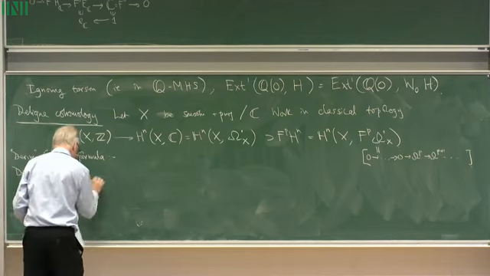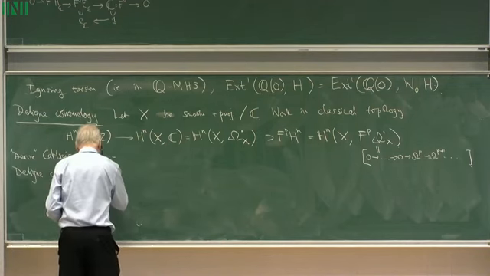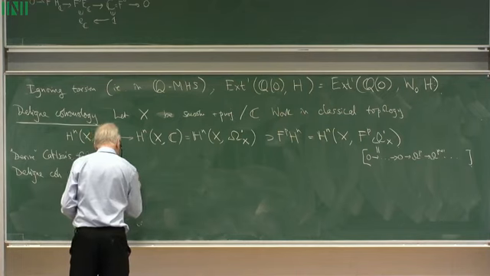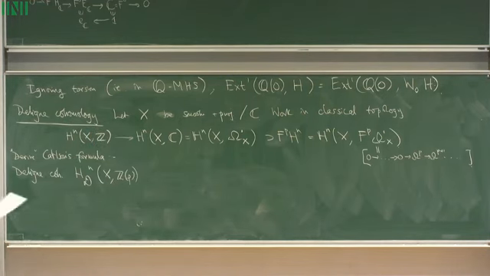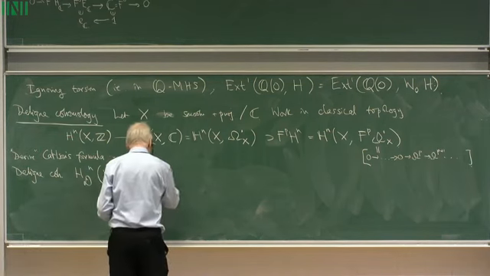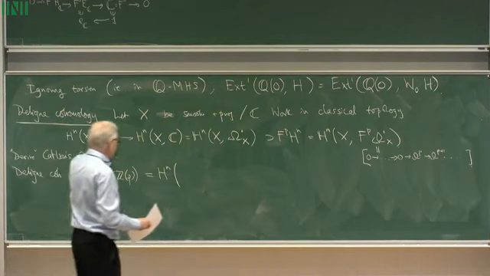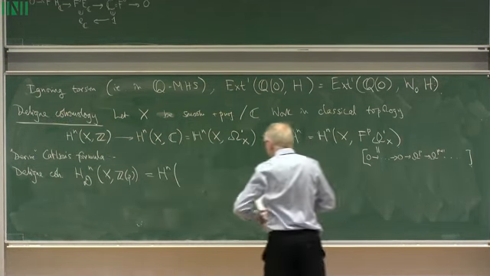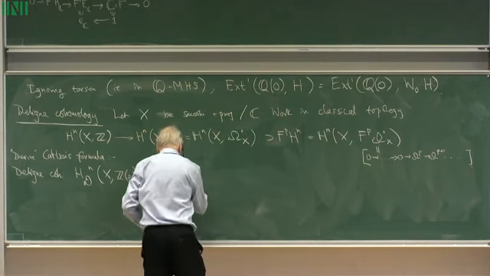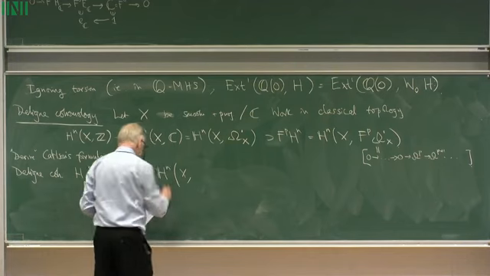For H sub D, so how do we do that? We'll just take this thing here and copy it in the following way. We're just going to write down a complex.